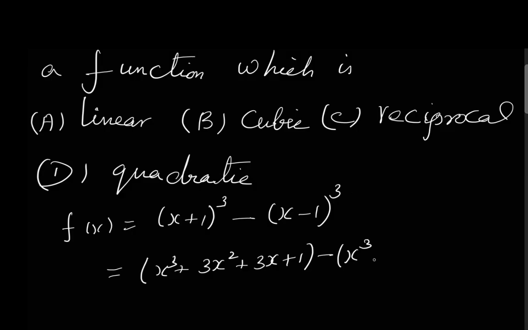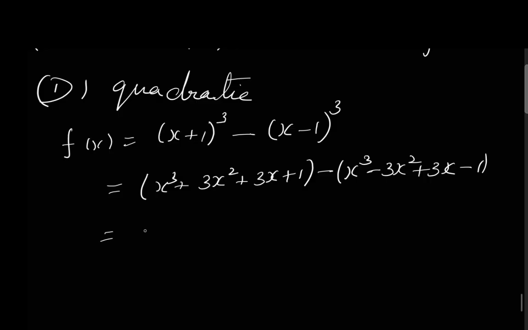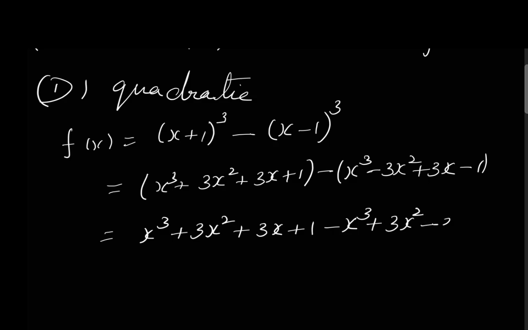then x cube plus minus 3x squared identity plus 3x minus 1. Remove the brackets, x cube plus 3x squared plus 3x plus 1 minus x cube, minus into minus plus 3x squared minus 3x plus 1.